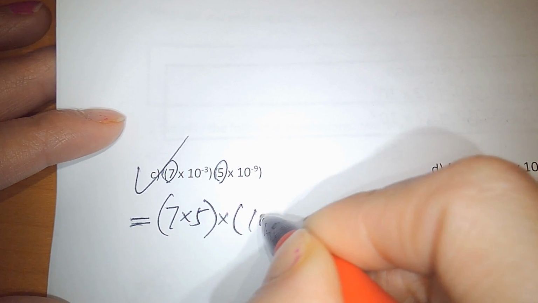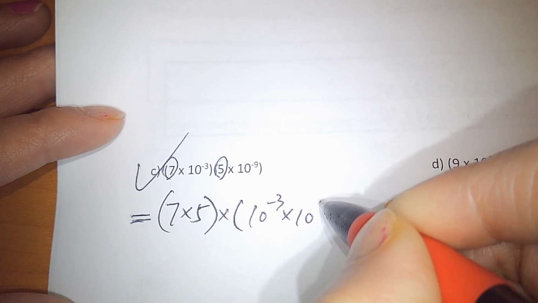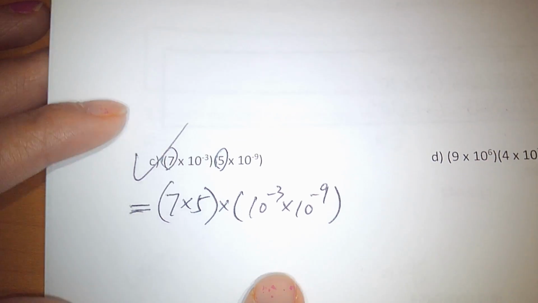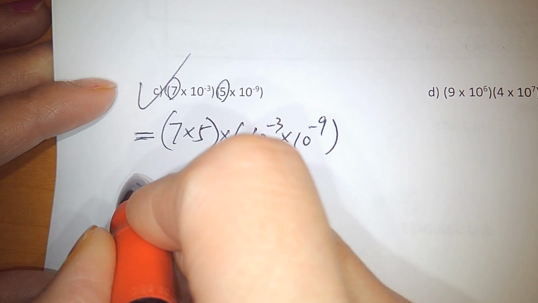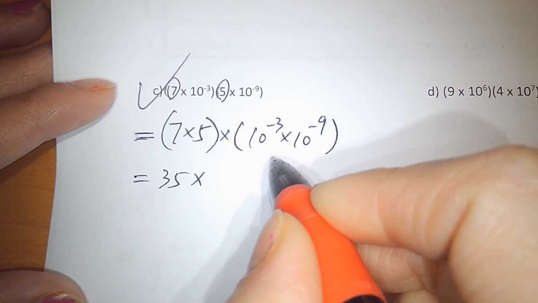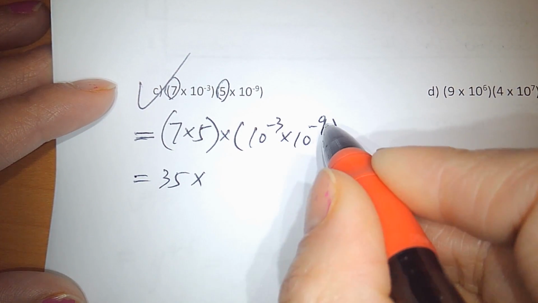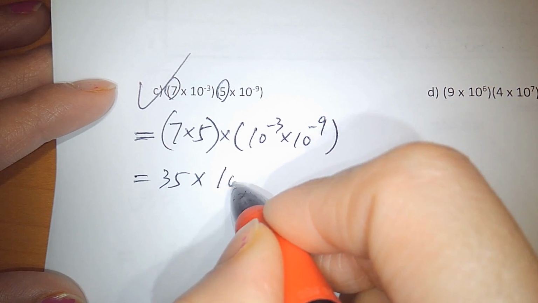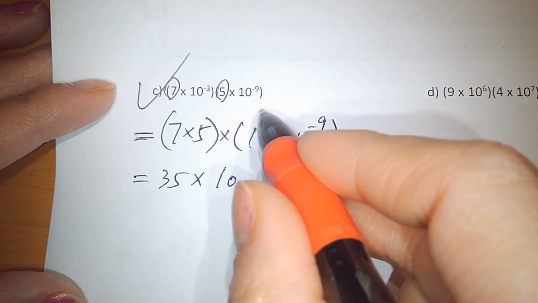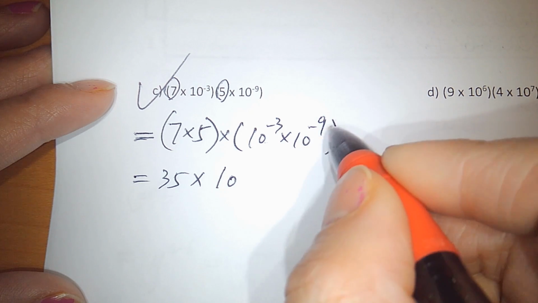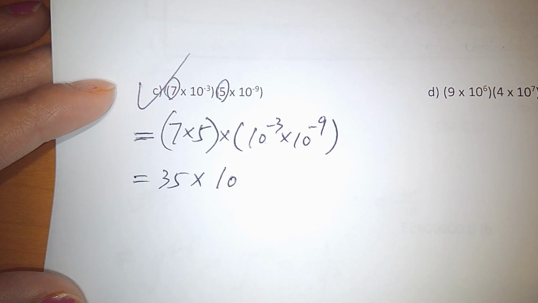Times what? Powers of 10 by powers of 10. Okay? For multiplication. 7 times 5 is what? 35. What is 10 to the negative 3 times 10 to the negative 9? By using which rule? Product rule, right? Keep the same base 10, add up the negative 3 and negative 9. So what's that, negative 12?